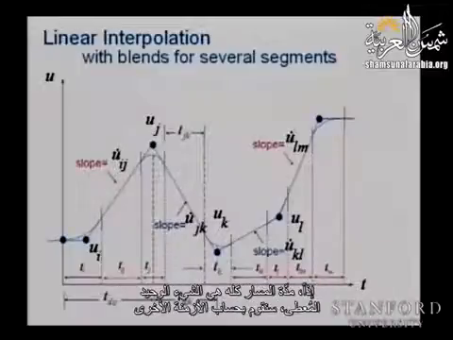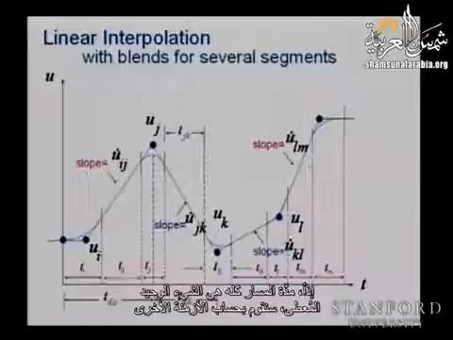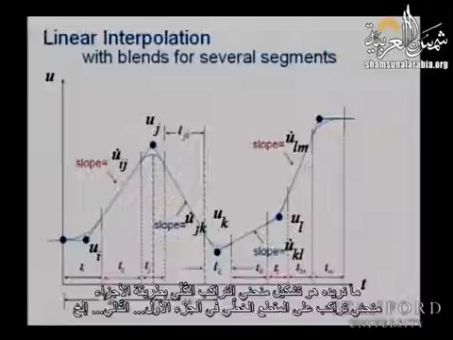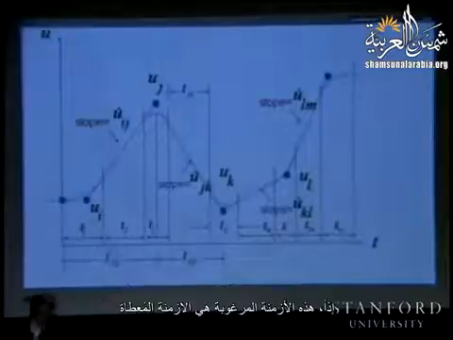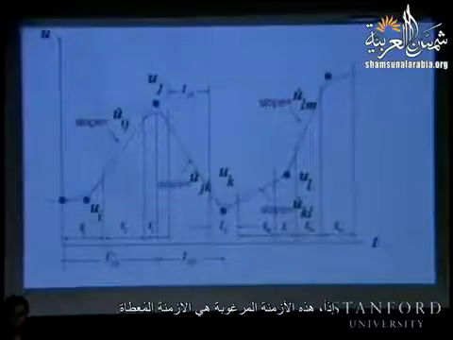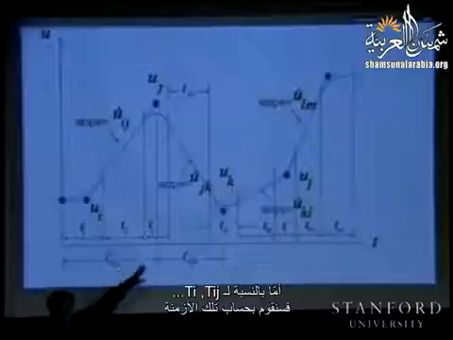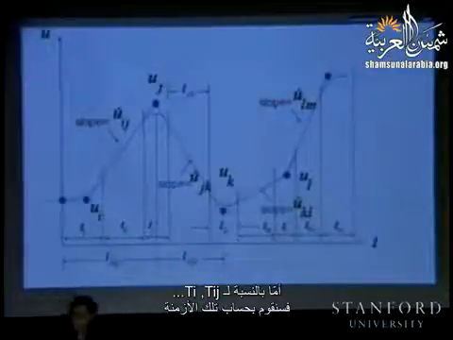So this is the only thing that is given. We'll calculate all the others. We just want to have this blend, like linear section with the blend for the entire portion, for the next portion, etc. So those t desired ij, t desired jk, etc., those are the things that are given. The t sub i's, the t sub ij's, etc., we will compute.